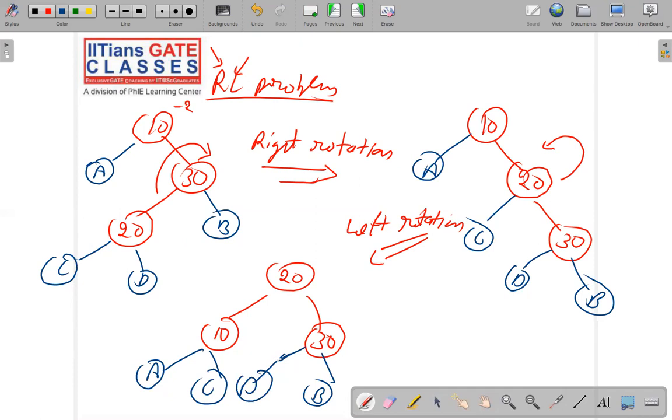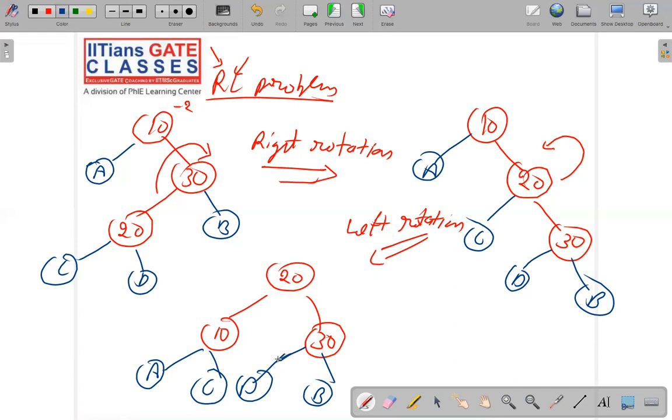We have seen that in case of deletion, we look for the in-order predecessor or in-order successor, and I've already told you what in-order predecessor and in-order successor are. We try to replace the node we want to delete with it. After deletion, imbalancing can happen, and we balance it out using these rotations.